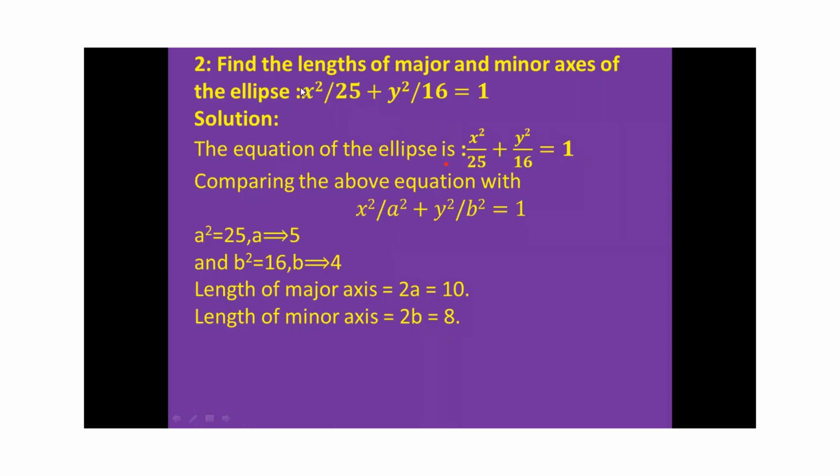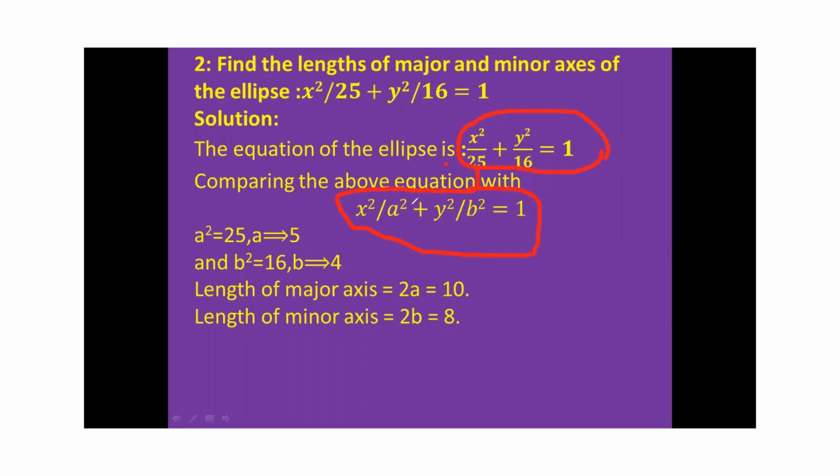This is another example. Find the length of the major and the minor axis of the ellipse x squared over 25 plus y squared over 16 equals 1. Solution. Compare this equation with the equation of an ellipse in which the major axis lies on the x-axis and the minor axis on the y-axis.